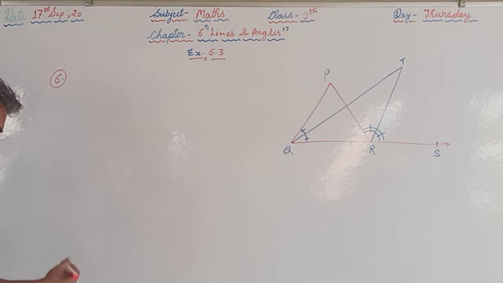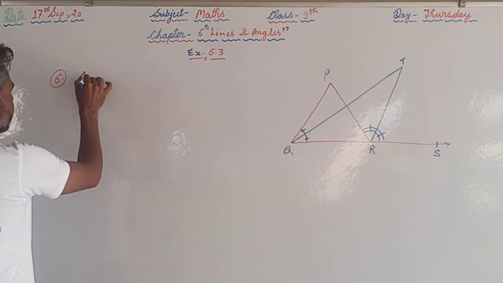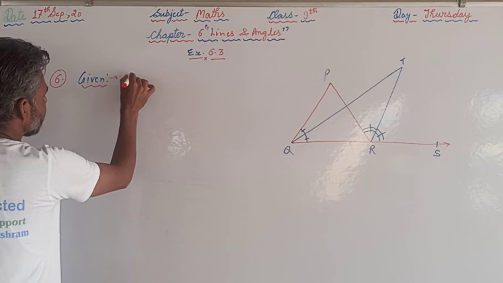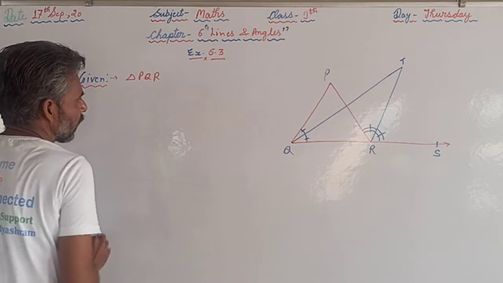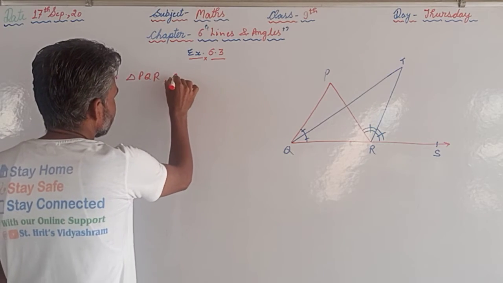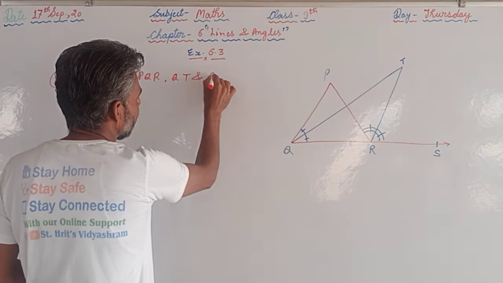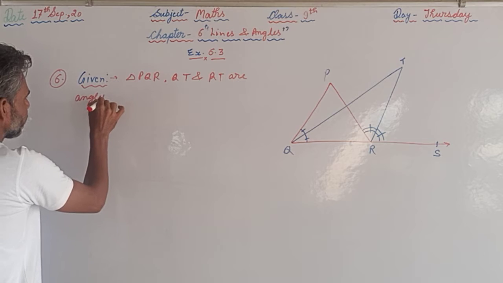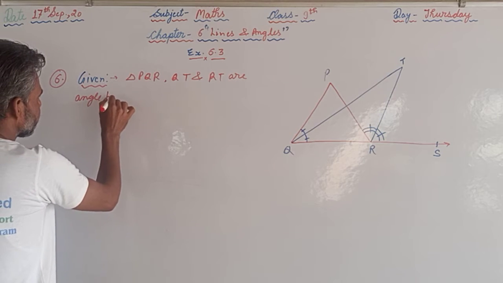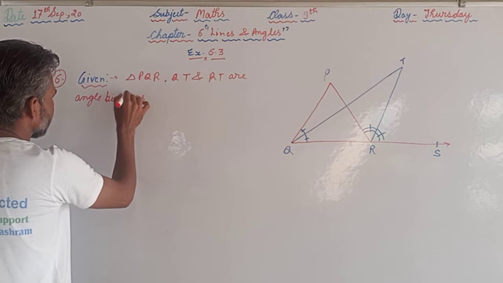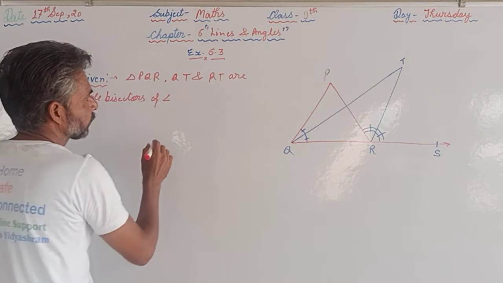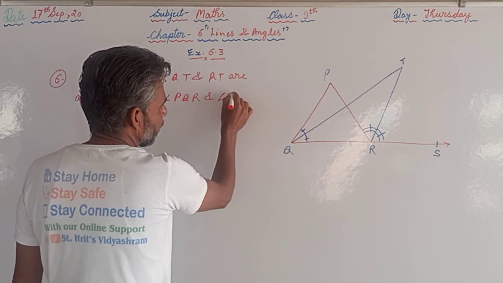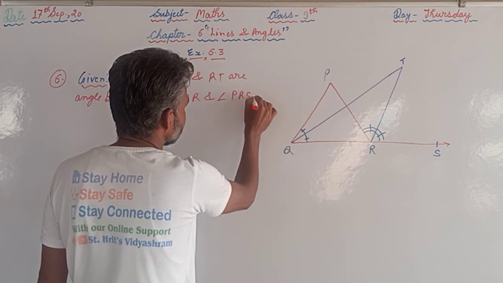First of all we have to write the information given in the question. Given: triangle PQR, in which QT and RT are angle bisectors of angle PQR and angle PRS respectively.